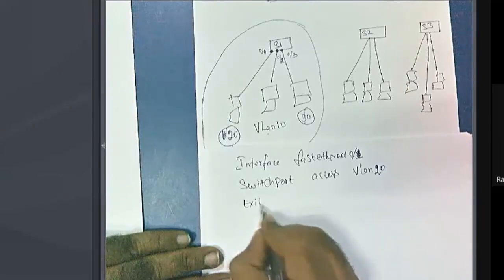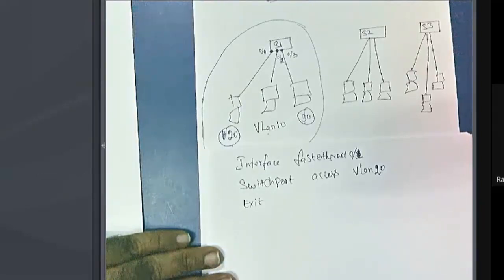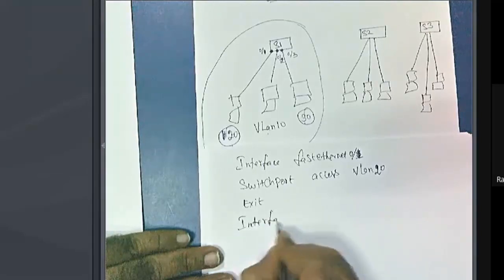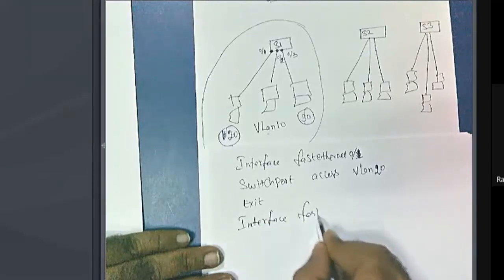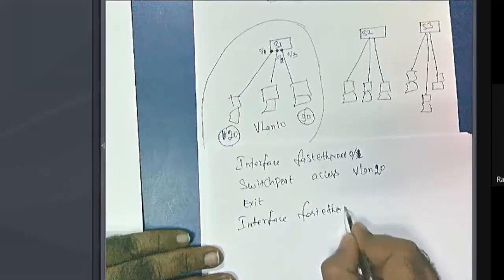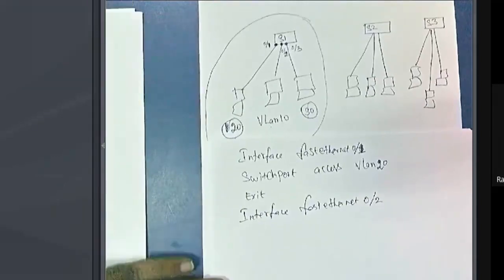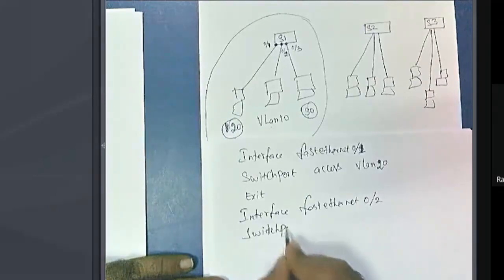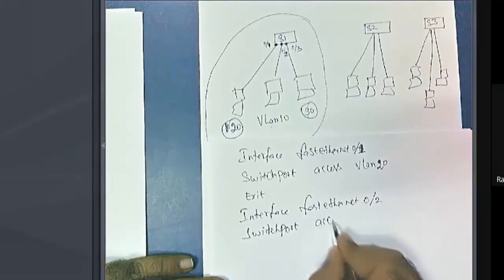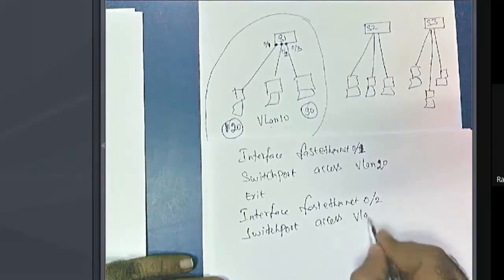Now go to the next interface. The next interface is interface FastEthernet 0/2. Switchport access VLAN 10, exit.